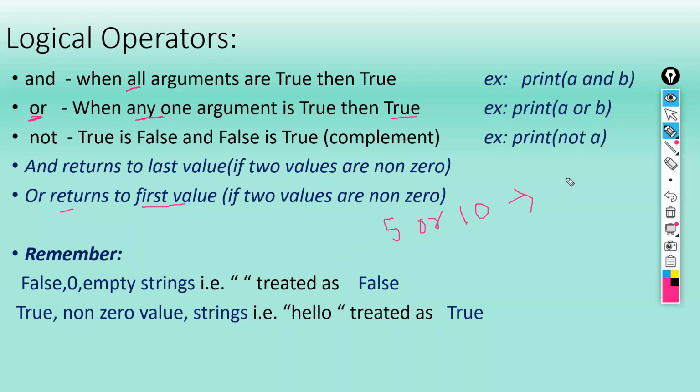What value does it give? 5. Right? So while we are doing the coding, you'll have a clear idea about that. These are about AND and OR. NOT is simply the complement. If it is true, it becomes false. If it is false, it is true. Completely negative or complement.